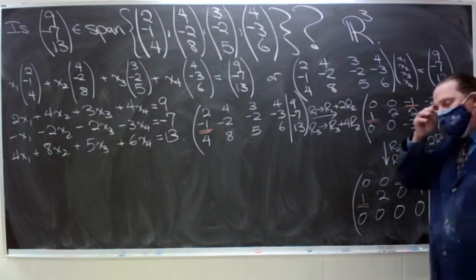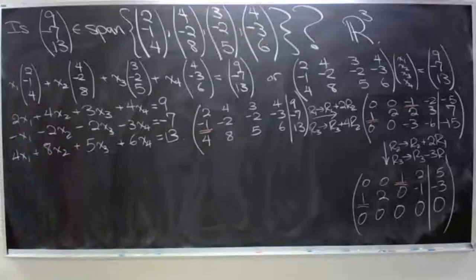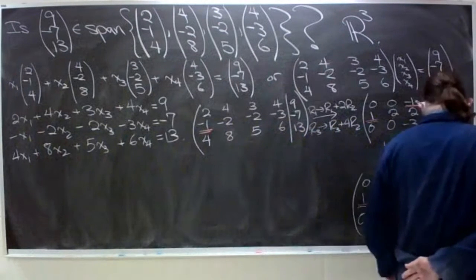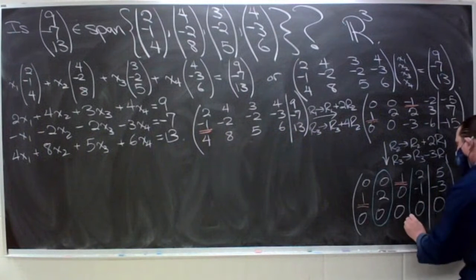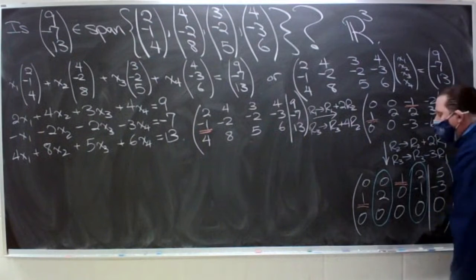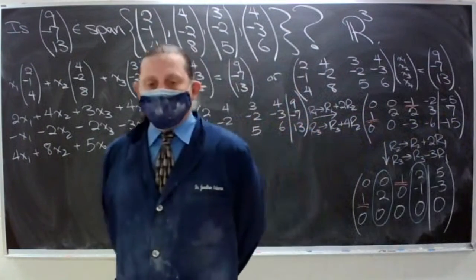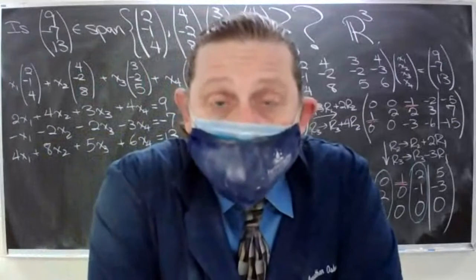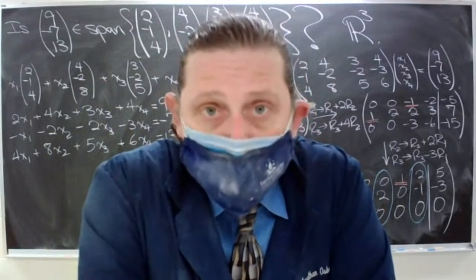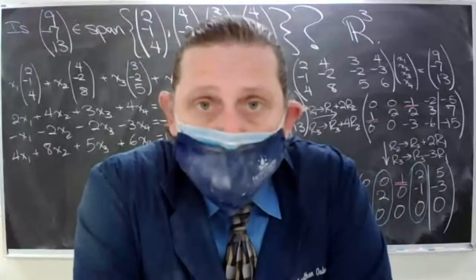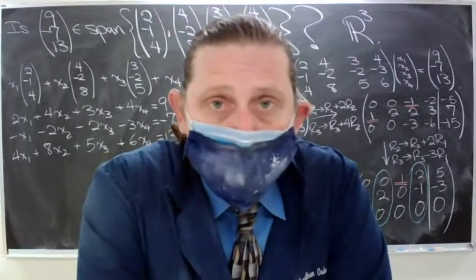If I now go to the fourth column, I see that there are no viable pivot options. So these two columns lack pivots. Philosophically, that means that their values are not determined. They're not basic.